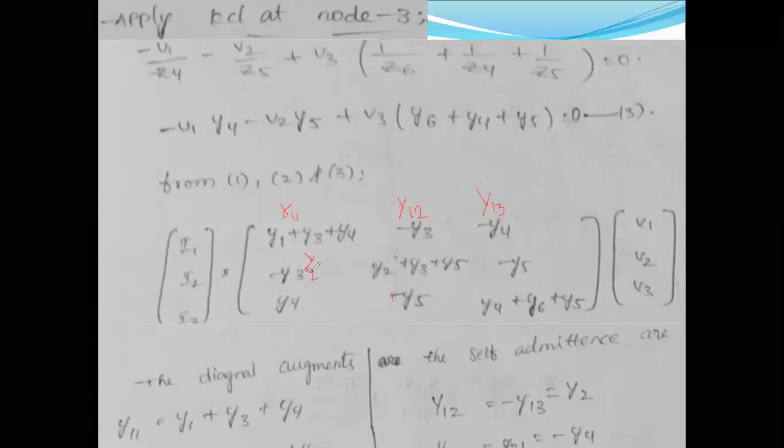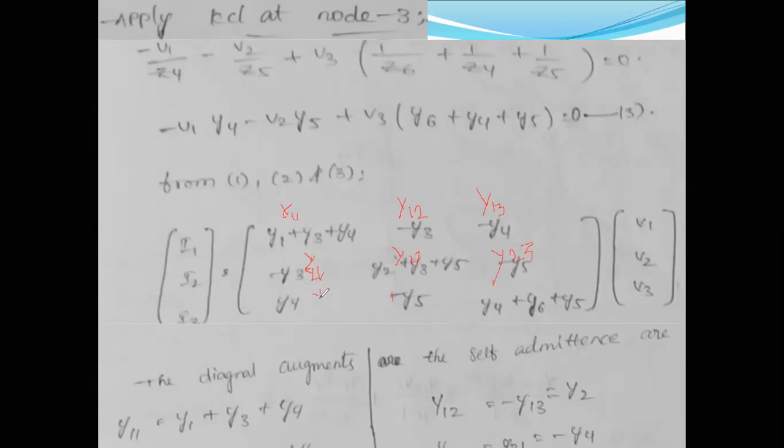After that, this is y22, the diagonal element, and this is y23.